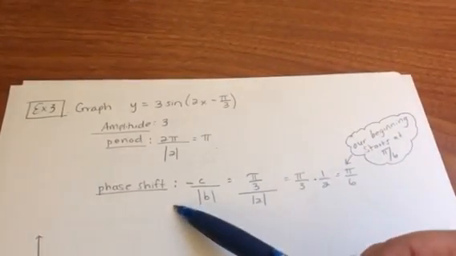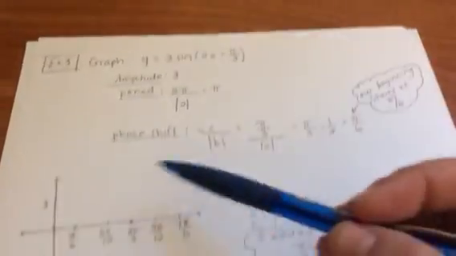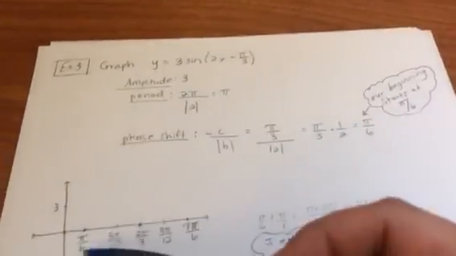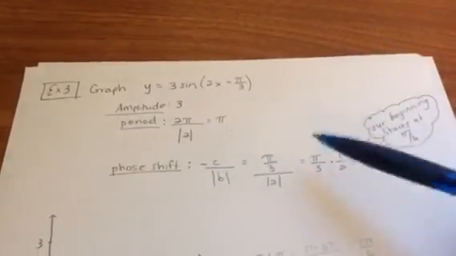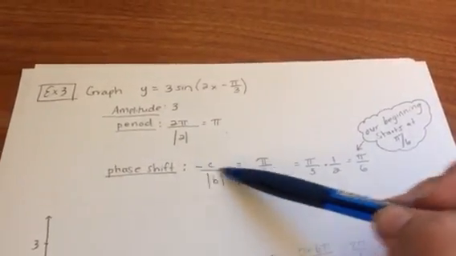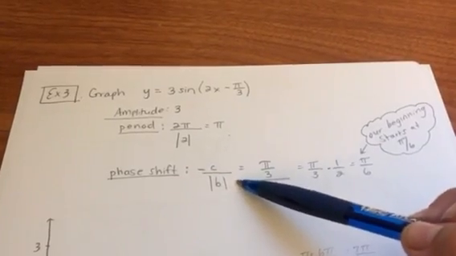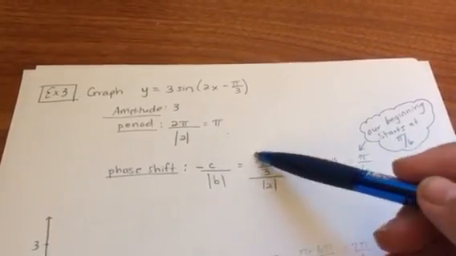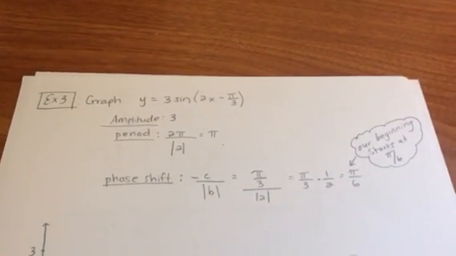The phase shift tells us where we actually start. So instead of starting here at 0, we're going to start somewhere else. I'm going to show you where I got these numbers in a second. But to get the phase shift, you use this formula, negative c over the absolute value of b. c is already negative pi over 3, so we write that down. So pi over 3.